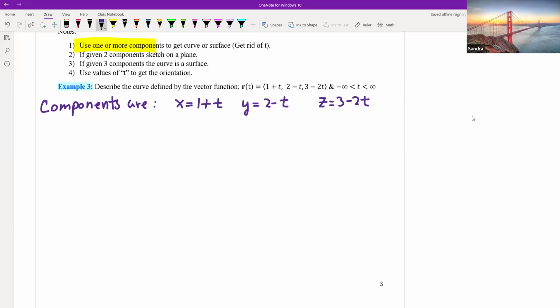So the t's are a single t, there are no powers, and I can clearly see that this is an equation of a line. Okay, so I've got to know that.